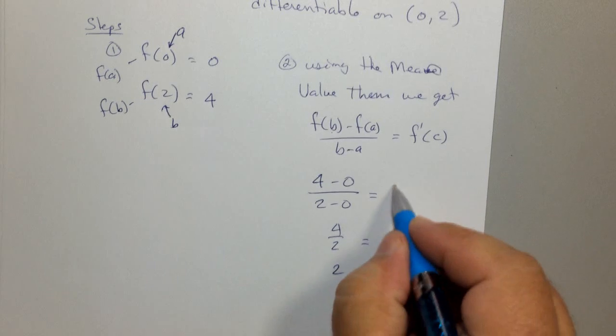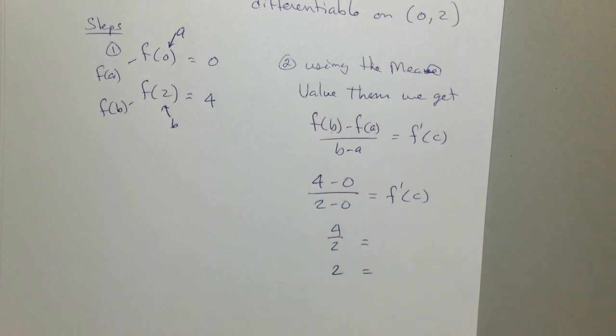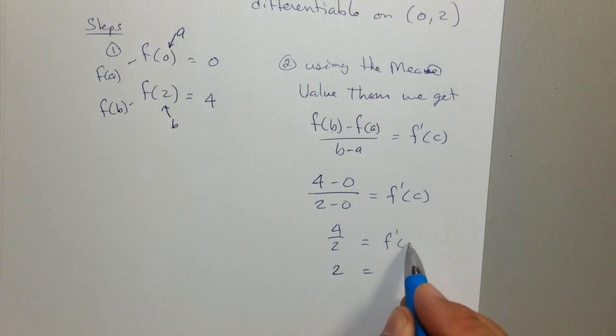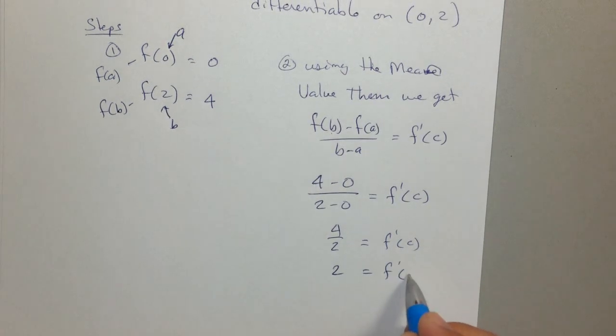What this says is there has to be some point where the first derivative equals 2. For the mean value theorem to work, we have to be able to find a value c where the first derivative equals 2.